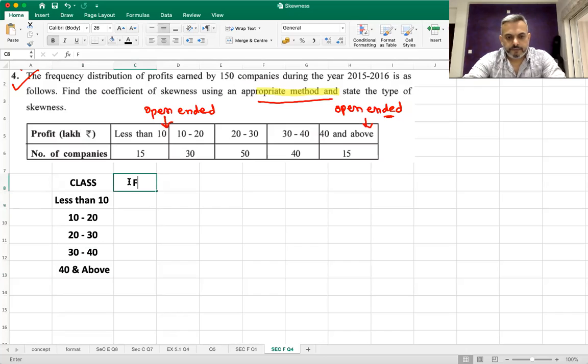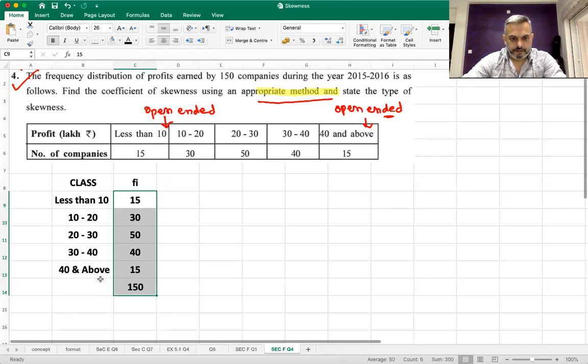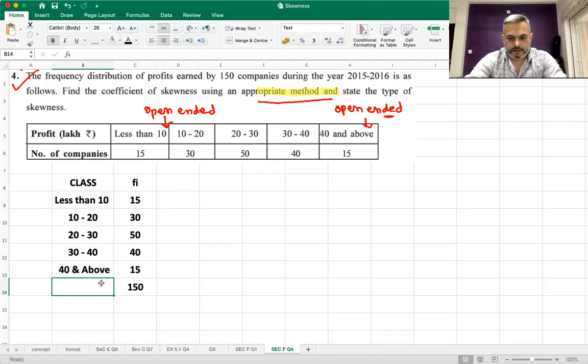Now, frequency: 15, 30, 50, 40, 15. Do the totals: 150. So n is equal to 150.